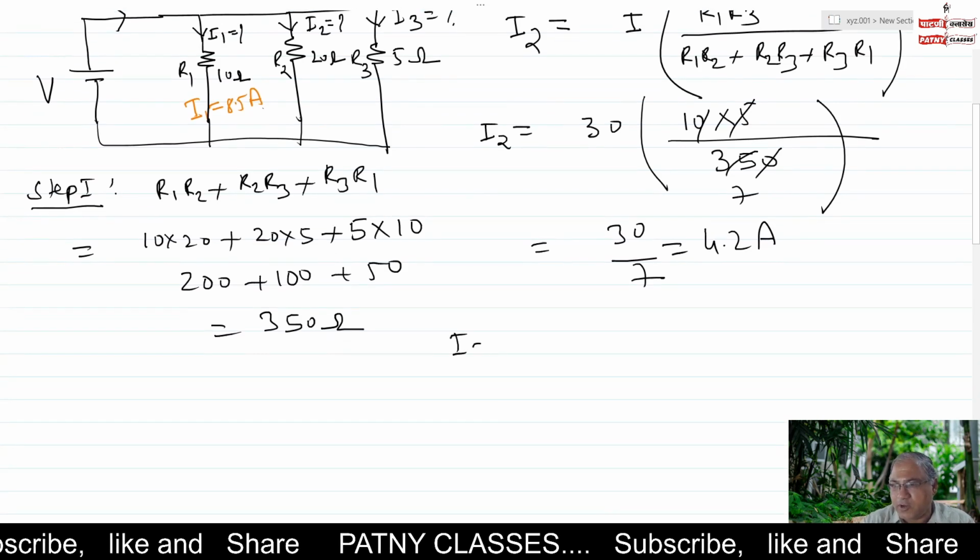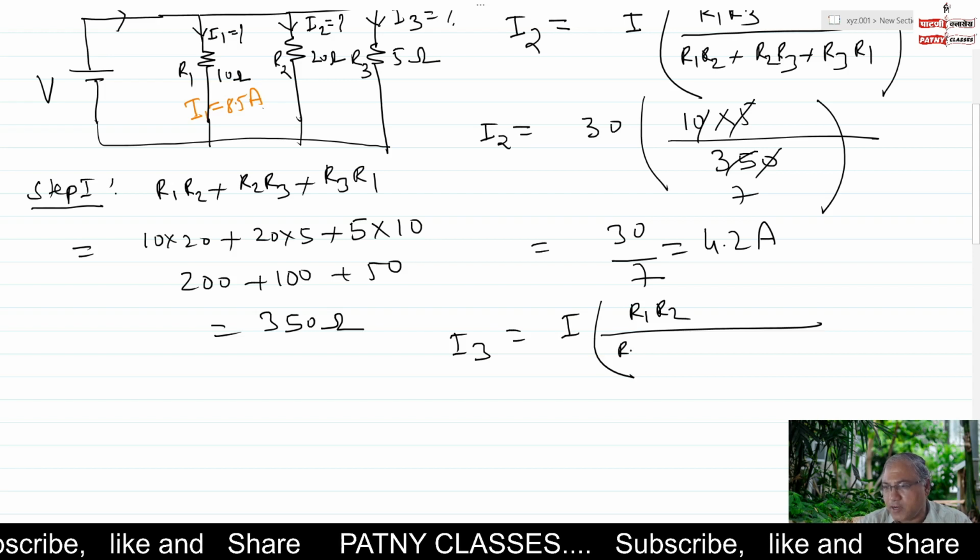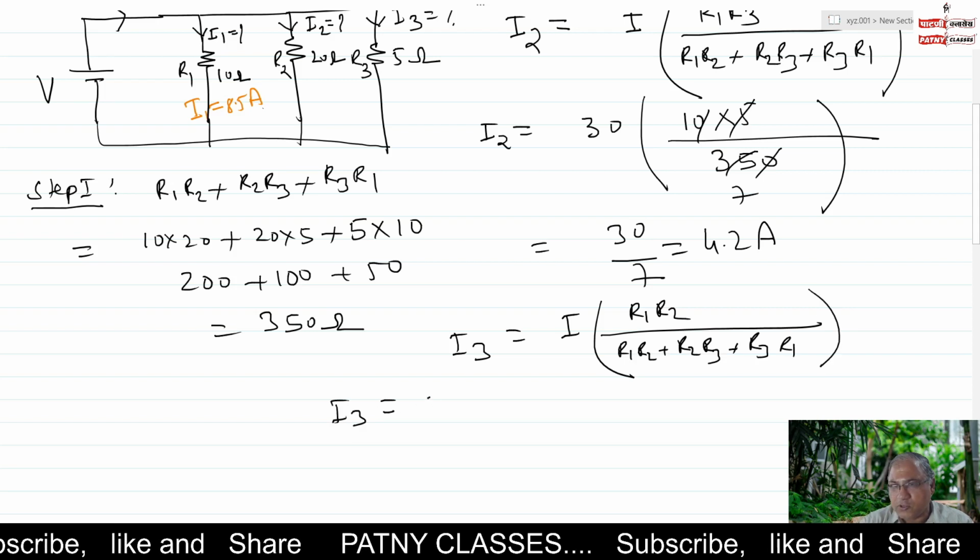Similarly, to calculate the I3 value, I into R1 R2 will be present in the numerator, and R1 R2 plus R2 R3 plus R3 R1 in the denominator. So I3 equals, total current is 30, R1 is nothing but 10 and R2 is nothing but 20, divided by 350.